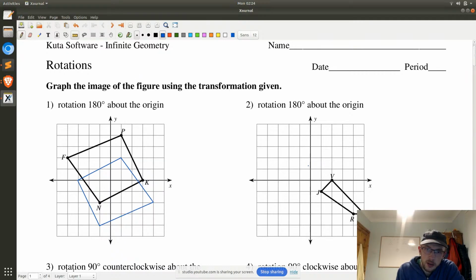Okay, 180 degrees about the origin again. Okay, so where does V go? There. Where does J go? There. So there's V, there's J. Where does R go?